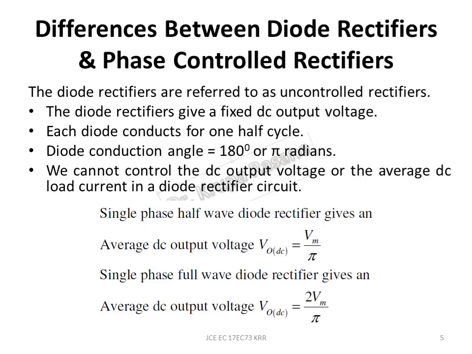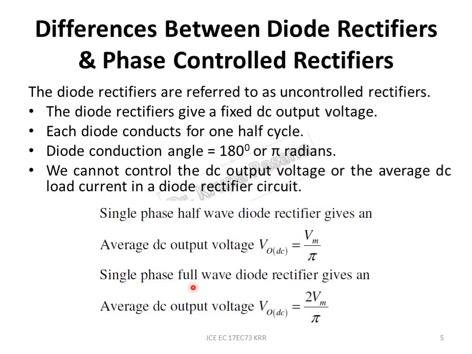Hence a single phase half wave diode rectifier gives an average output voltage. Average means DC output voltage, V naught DC equal to Vm by pi. This is for the half wave diode rectifier.